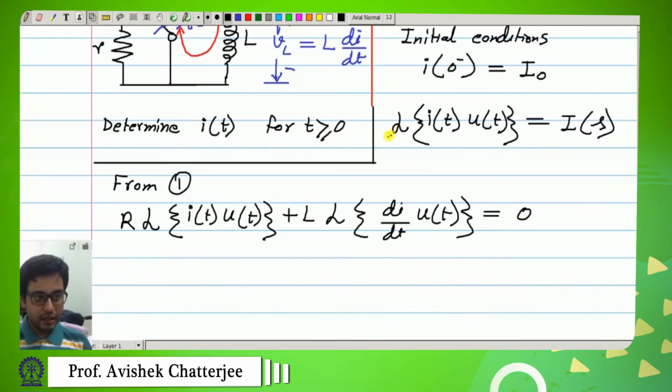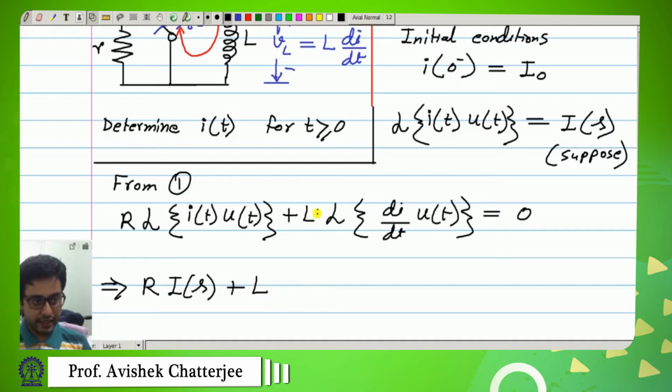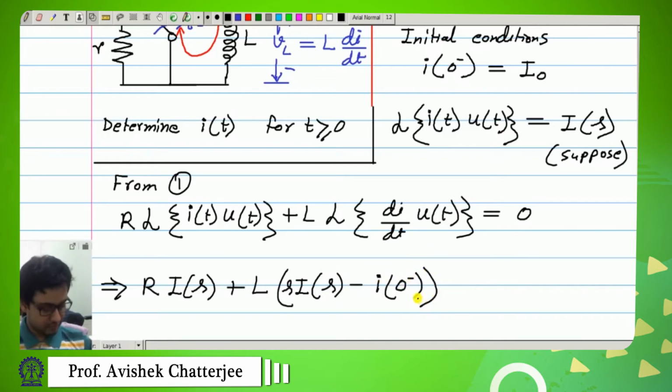And we have assumed that this Laplace transform is Is. Therefore this will become R multiplied with Is plus L constant multiplied with Is multiplied with s minus I0 minus. Right side is 0.